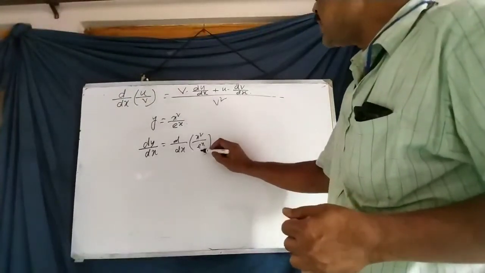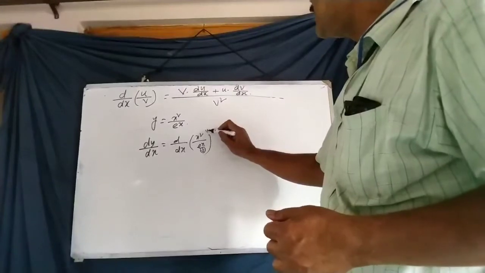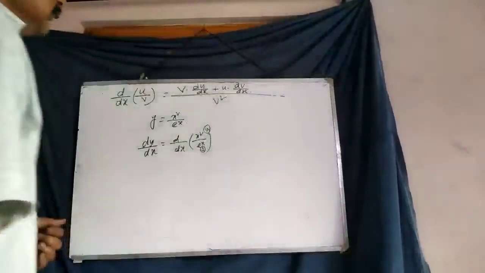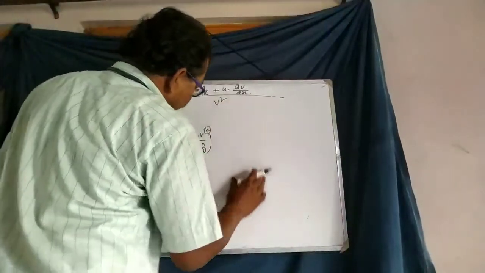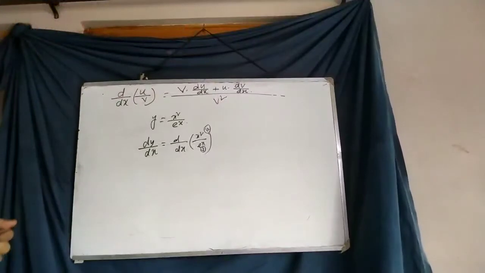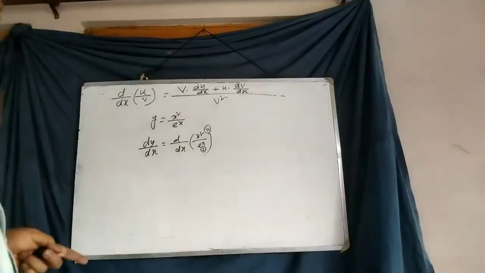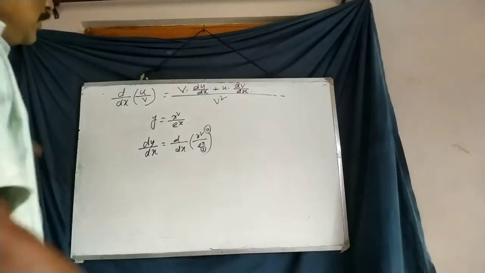So e to the power x can be treated as v and x square can be treated as u. In this formula, if you substitute u and v by x square and e to the power x respectively, then we will get the result because formulas are known to us.